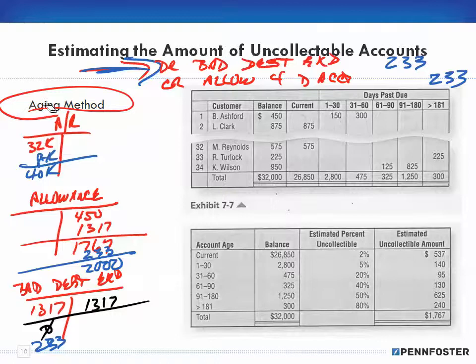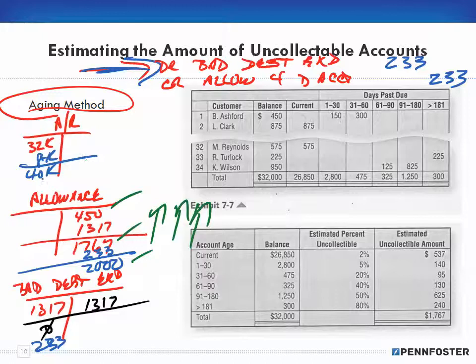Notice that the allowance account, as you're looking at it, keeps on increasing. I mean, it started out at 450, and then it increased to 1767. And it's now at 2,000 because my accounts receivable went up. If my accounts receivable went down, then yes, that balance would go down.